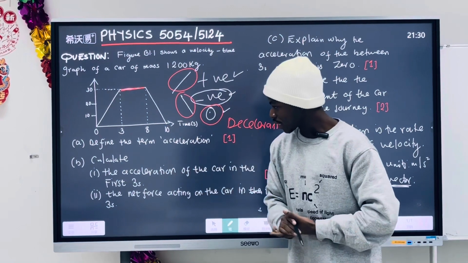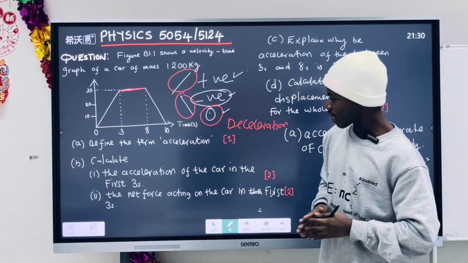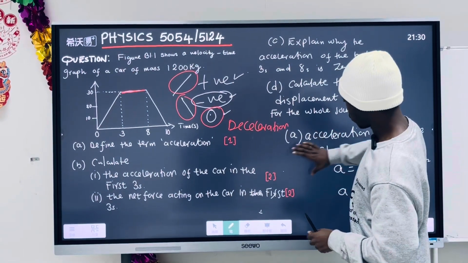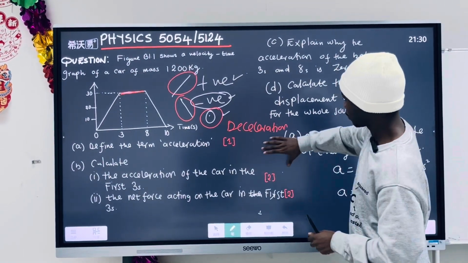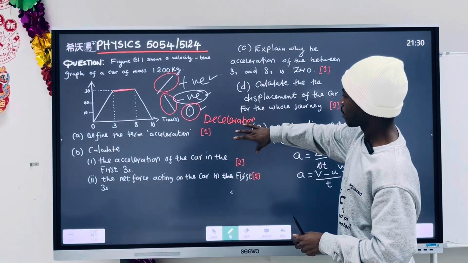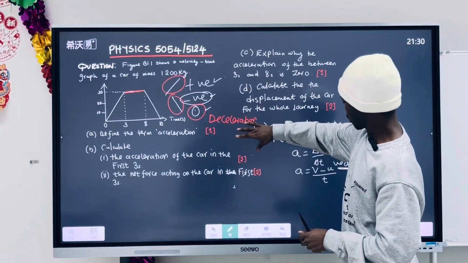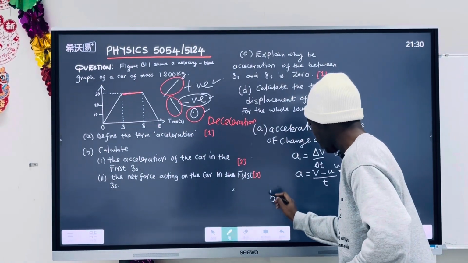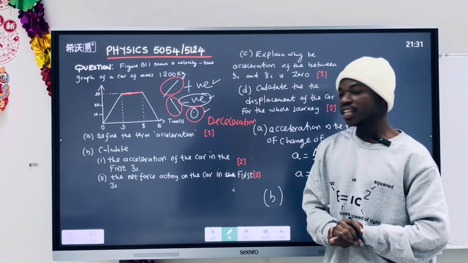So the second question says we need to find the acceleration in the first 3 seconds. We already know how to find the acceleration. So part B, find the acceleration in the first 3 seconds.